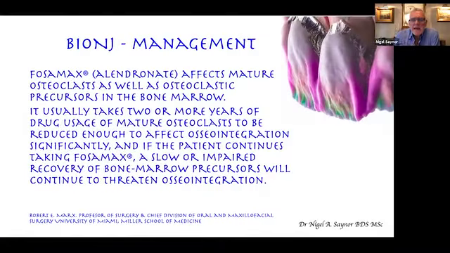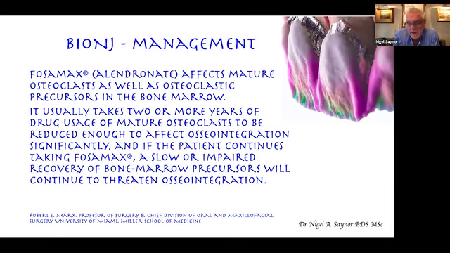When you're looking at any of the alendronic acid, it affects the mature osteoclasts as well as the osteoclastic precursors in the bone marrow. It usually takes 2 or more years for the drugs to affect the mature osteoclasts and reduce effect of osseointegration significantly.